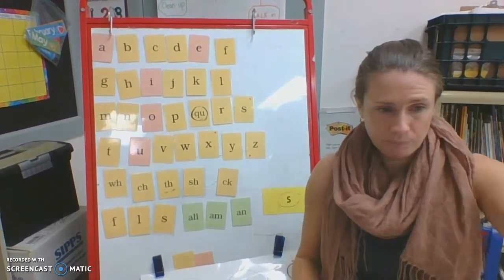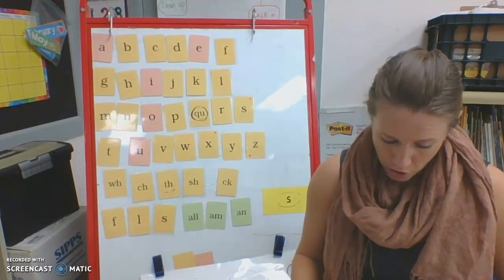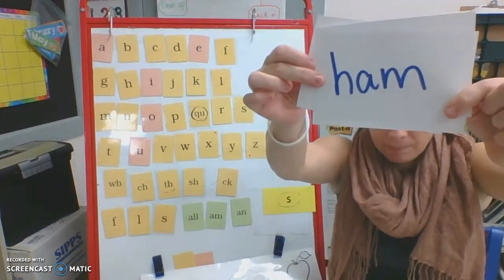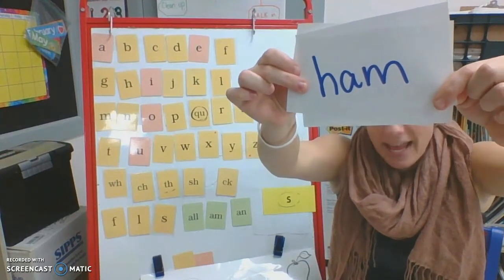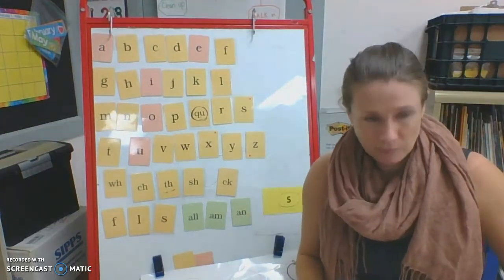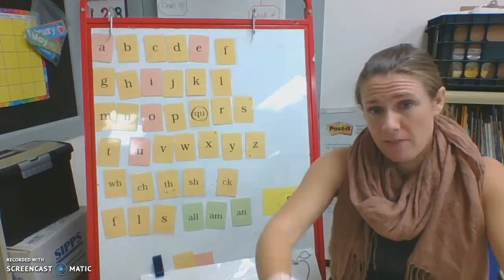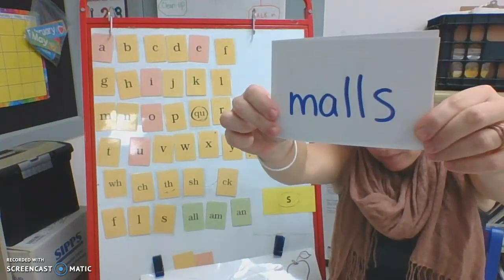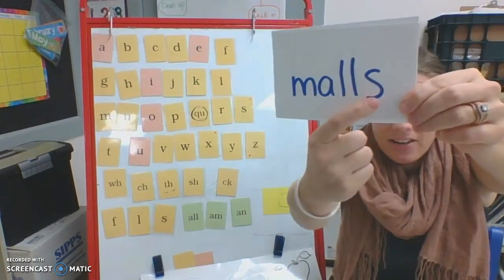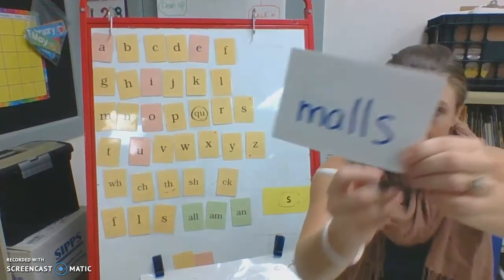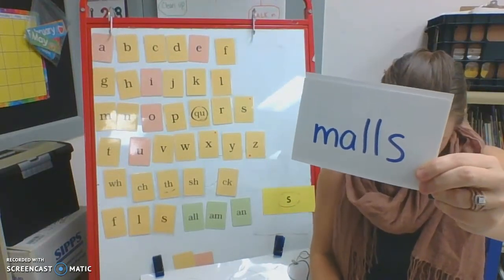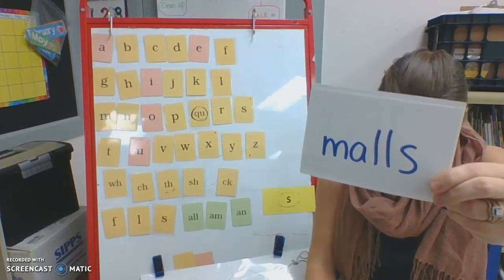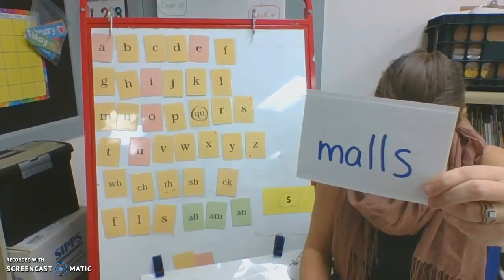Here we go. Suffix or no suffix? No suffix. What's the word? Ham. Suffix or no suffix? Yeah, there's a suffix S. There it is. So copy it down. Underline the base word. Circle the suffix.